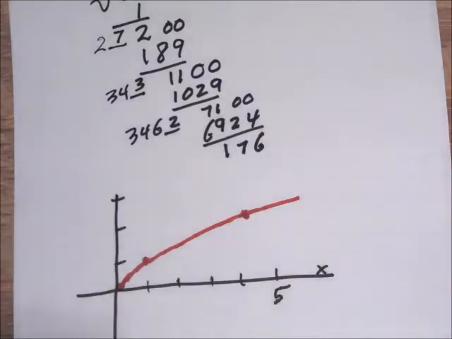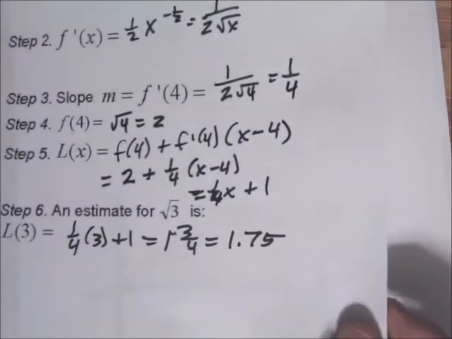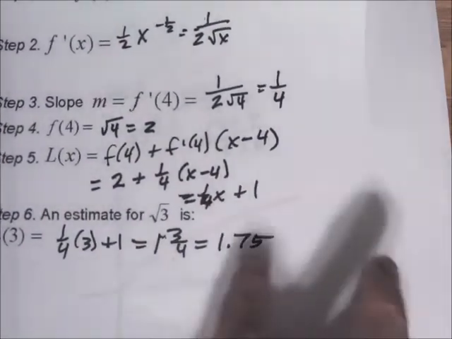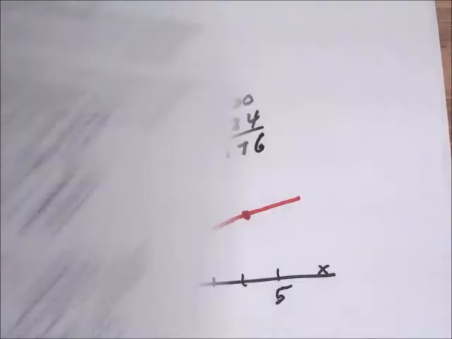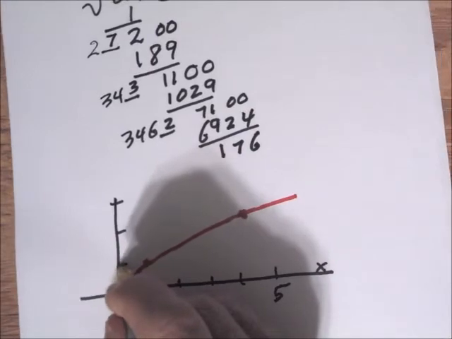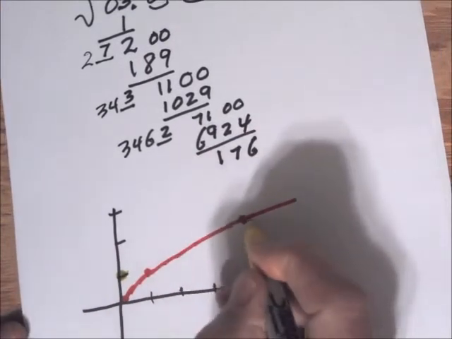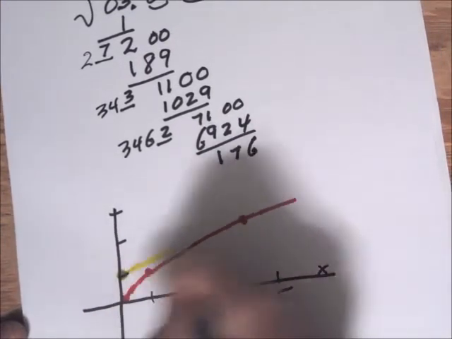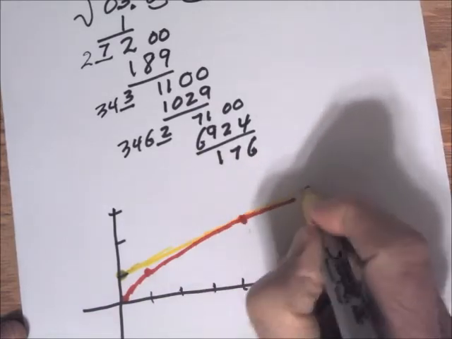And our tangent line is L of x equal 1/4 x plus 1. So L of x, the y-intercept is 1, and the slope is 1/4. So if you go over 4, you go up 1. So it'll actually go through the point of tangency here.